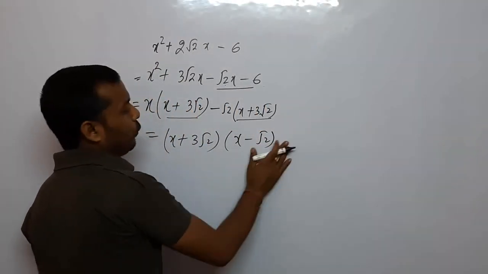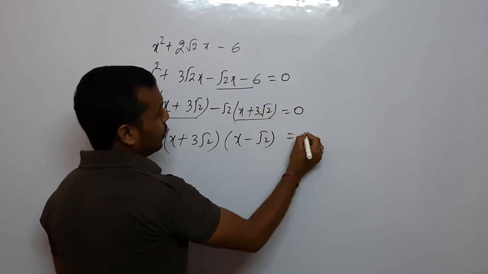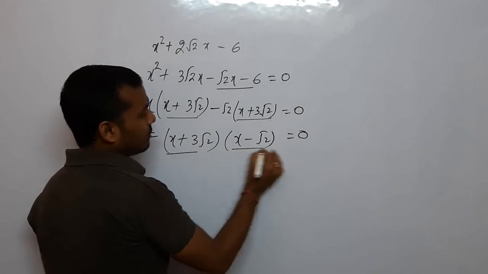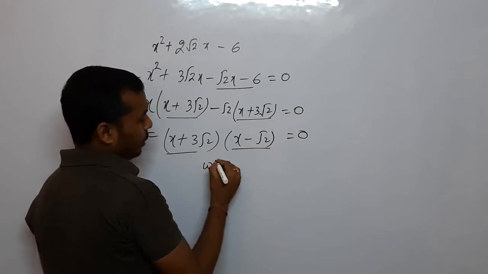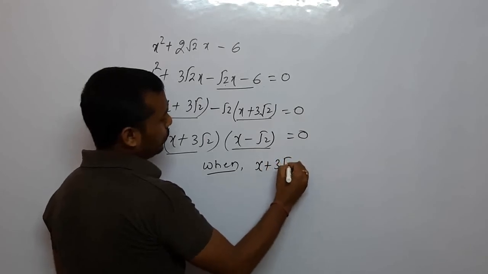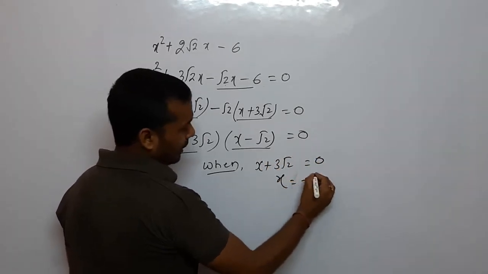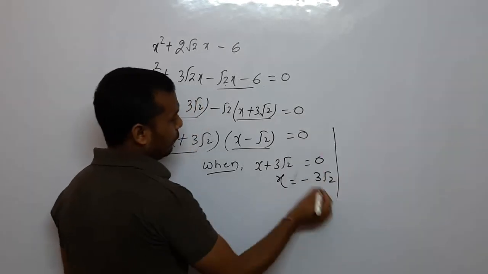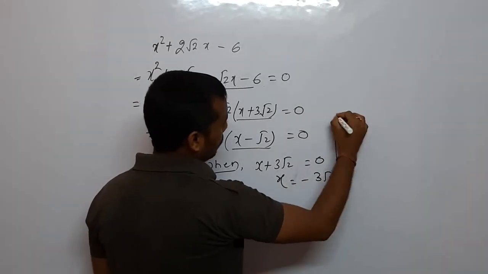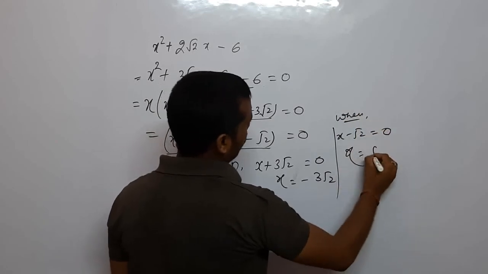Just make it equal to 0 and take the two terms separately. When x plus 3 root 2 equal to 0, you will have x equal to minus 3 root 2. And when x minus root 2 equal to 0, you will have x equal to root 2.